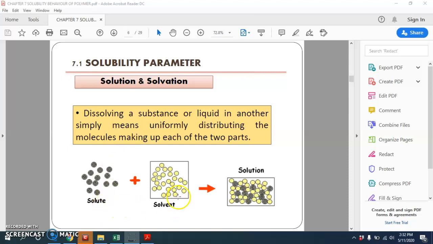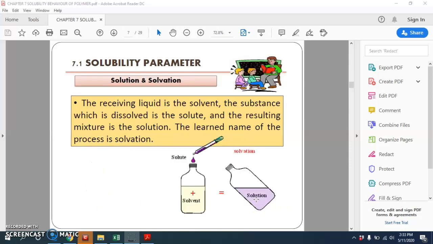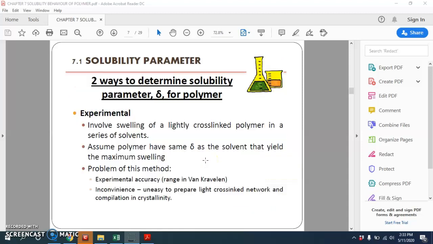Solute plus solvent becomes a solution. So the receiving liquid is the solvent and the substance which is dissolved is the solute. The resulting mixture is the solution, and the name of the process is called solvation. So these are some terms that we have to know.